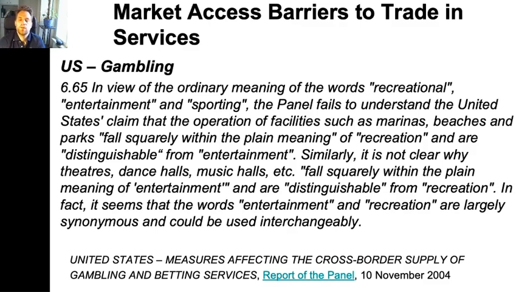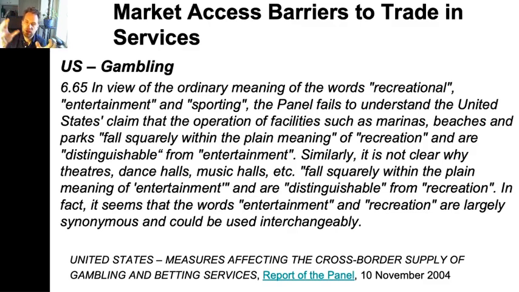And here, the panel failed to understand the United States' claim that the operation of facilities such as marinas, beaches, and parks fall squarely within the plain meaning of recreation and are distinguishable from entertainment. Plus, they also said that it is not clear why theaters, dance halls, music halls, etc. fall squarely within the plain meaning of entertainment and are distinguishable from recreation.